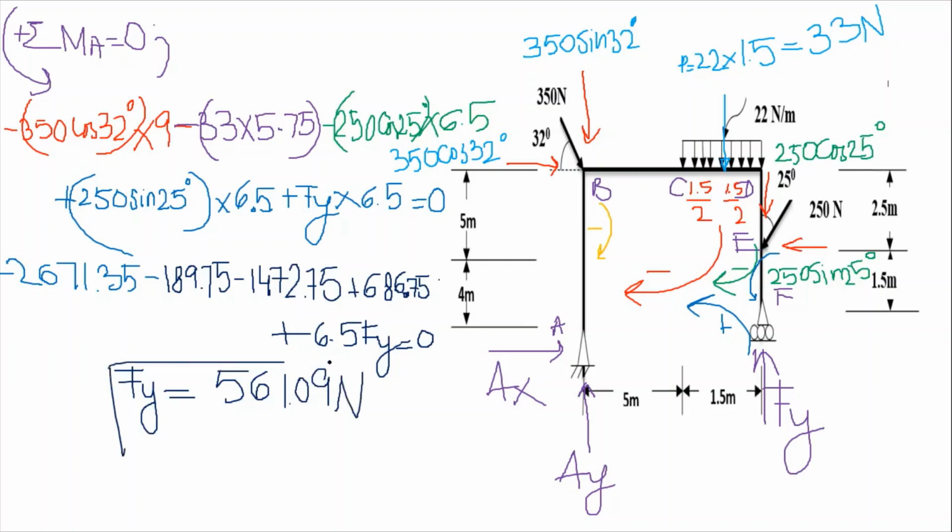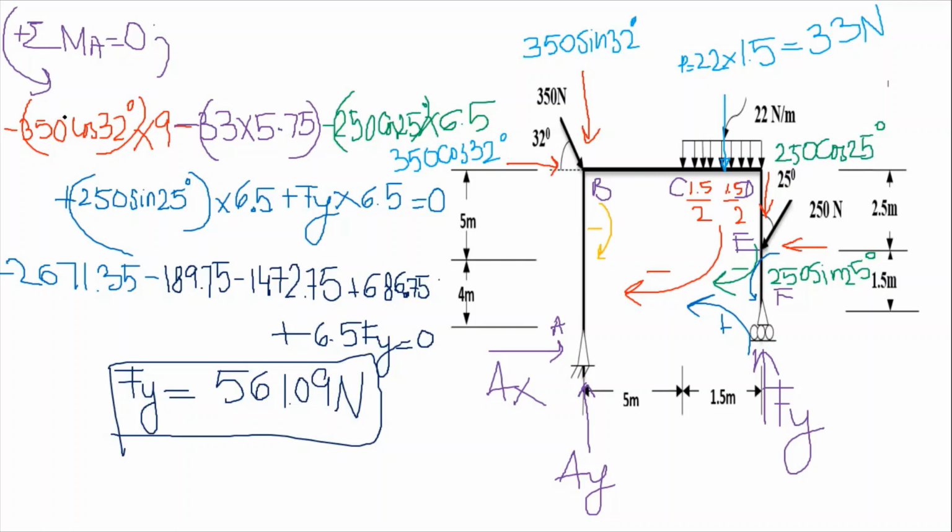So this is the way you can calculate the support reaction Fy. Hopefully you will understand how to calculate your support reactions. But obviously the questions come complicated in the exams, so you have to do it accordingly. So this is the way you will calculate the sum of moment.